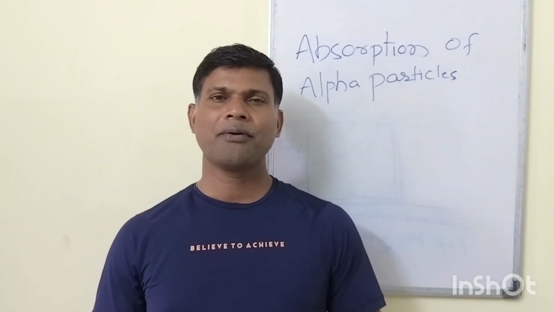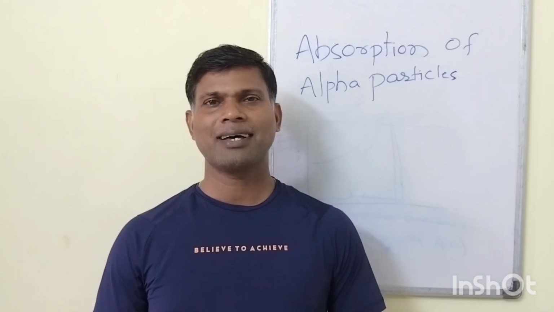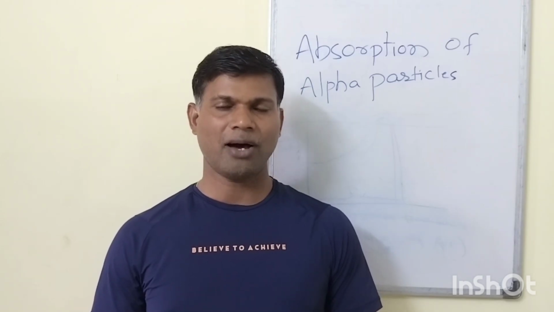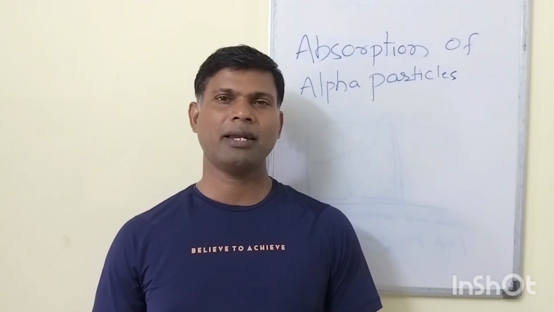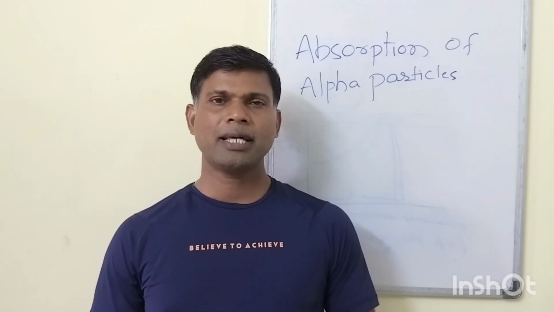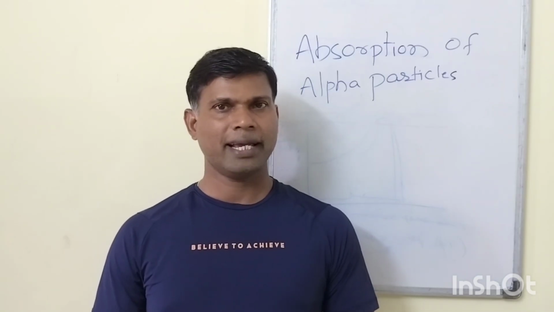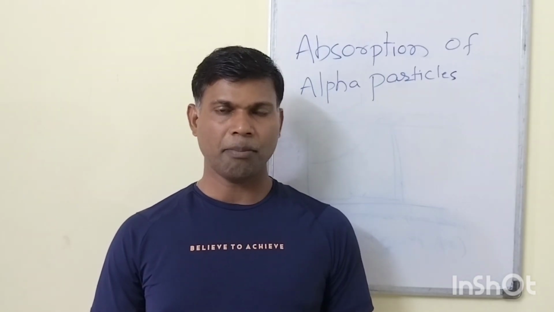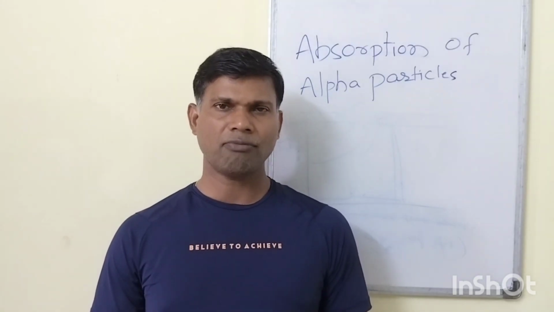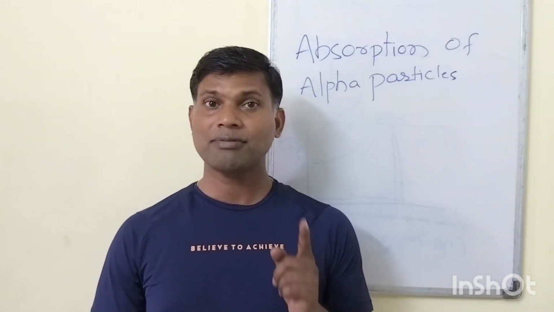Now, we will find out the stopping power of a material, for an alpha particle or beta particle. The range of an alpha particle in air is maximum compared to the range of an alpha particle in any other material of the same energy.